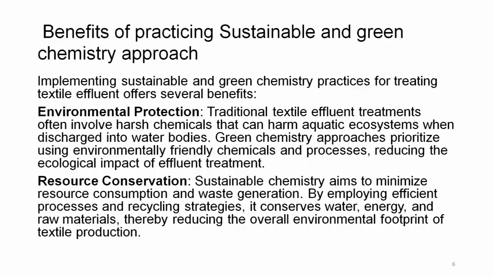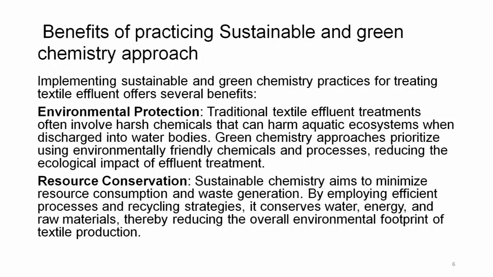Resource conservation. Sustainable chemistry aims to minimize resource consumption and waste generation. So, how can we use the same resource? Thereby we will be able to control the waste generation.